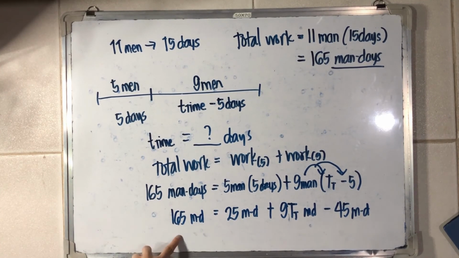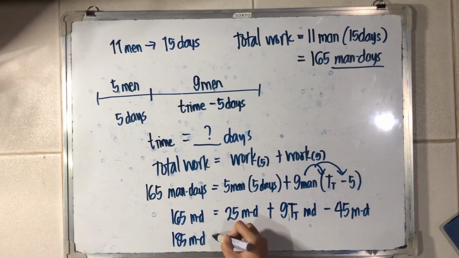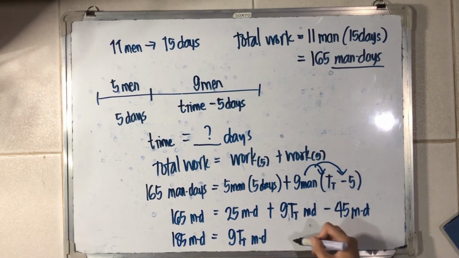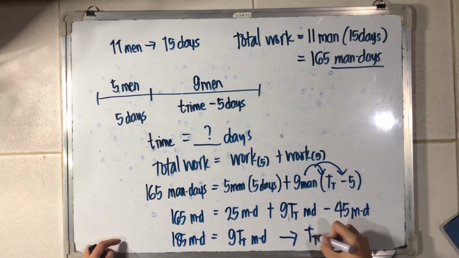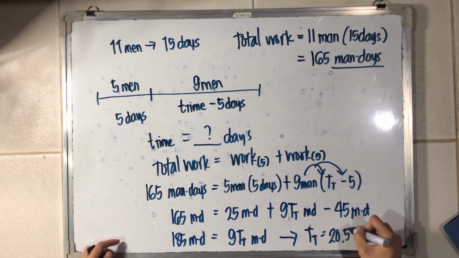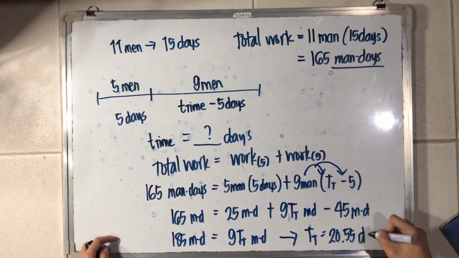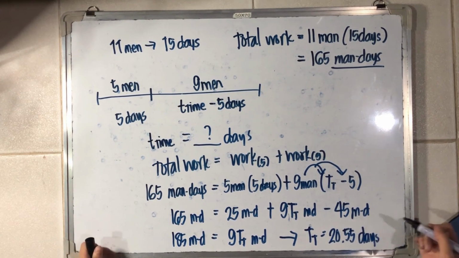That would be 165 here, minus 25 on the other side, plus 45 on the other side. Okay? That would be 185 man-days is equal to 90 man-days. Lagay ko dito sa side, 185 divided by 9, that would give us 20.55. Total time natin is 20.55 days. Nila matatapos yan in total.